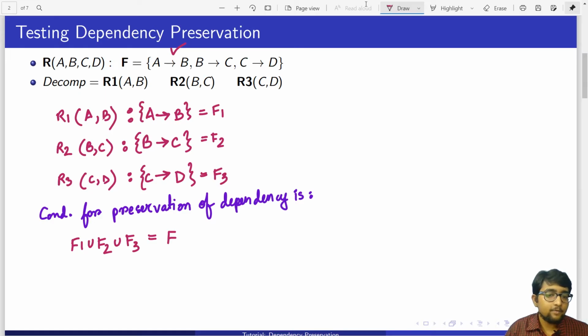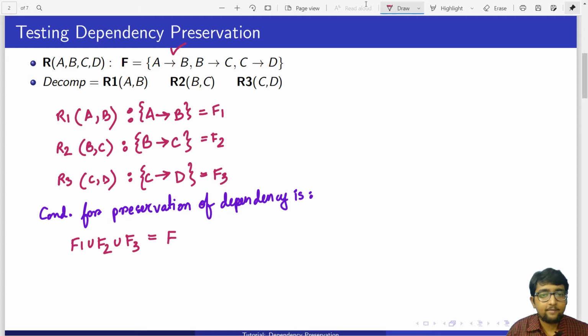If we can derive this, then we can say that the dependencies are preserved. While deriving this, you can use the closure set also. That is, you can apply the Armstrong axioms on F1, F2 and F3 to derive F.